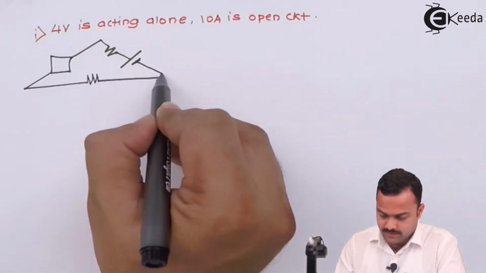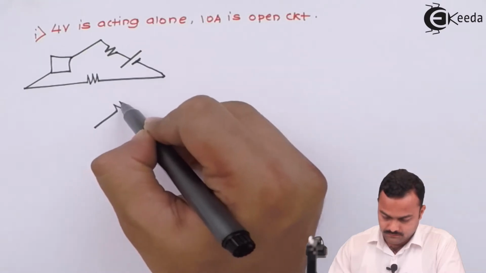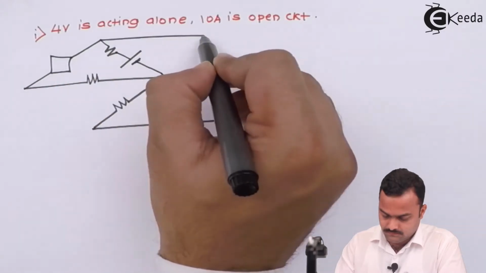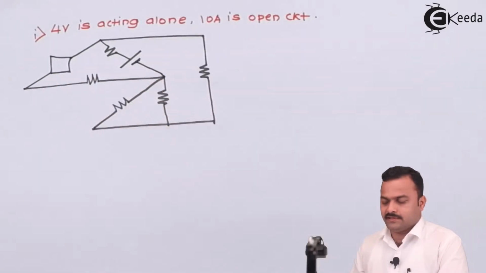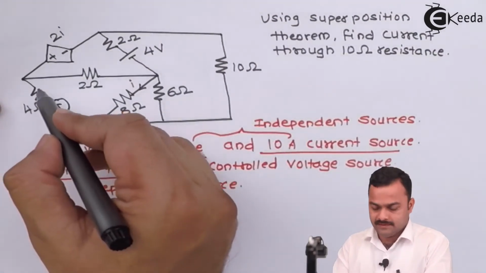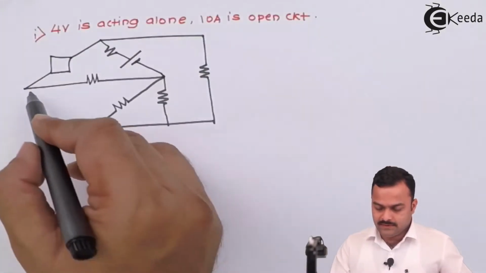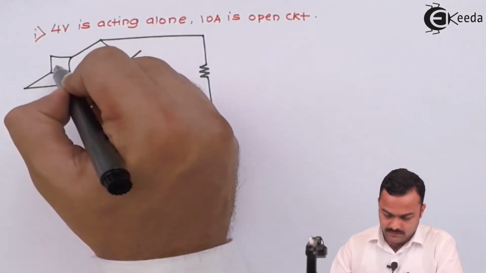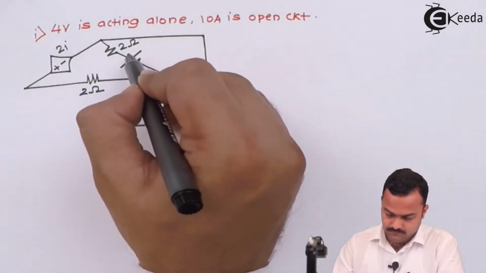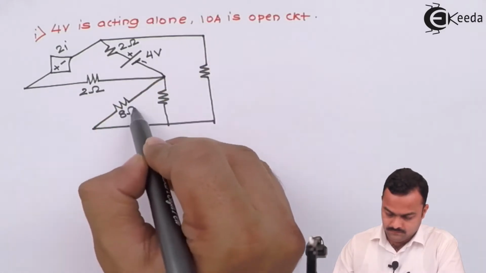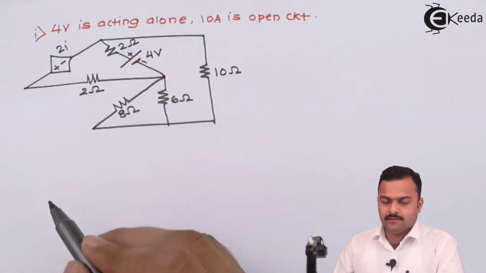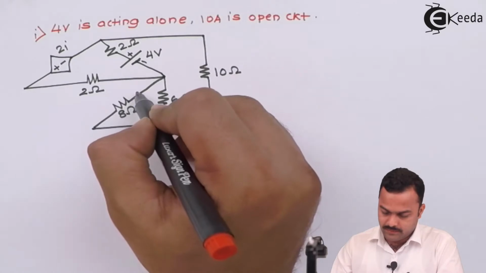All the resistances will remain as they are. So we get a resultant circuit like this, in which the open circuit of the 10 ampere source makes this entire branch open circuited. And this 2I is the dependent source whose magnitude depends upon this current I.